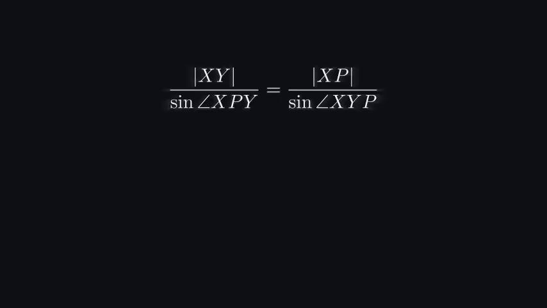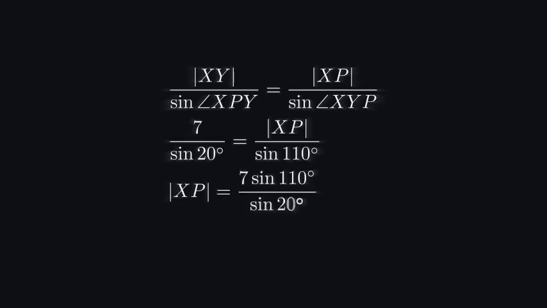Length of XY over sin of angle XPY equals length of XP over sin of angle XYP. 7 over sin of 20 degrees equals length of XP over sin of 110 degrees. Length of XP equals 7 sin of 110 degrees over sin of 20 degrees.